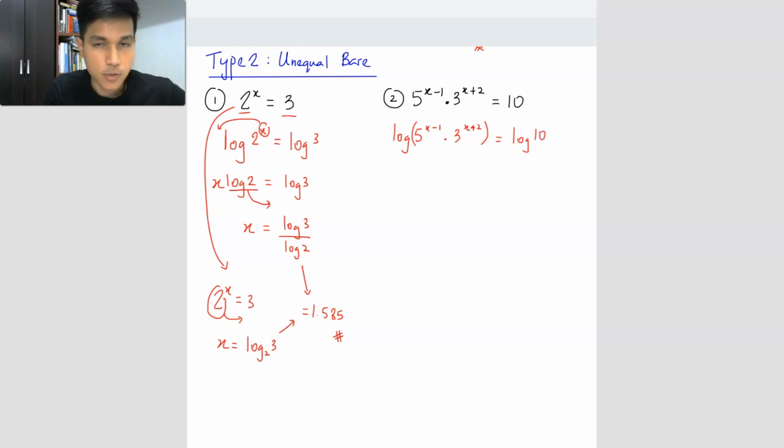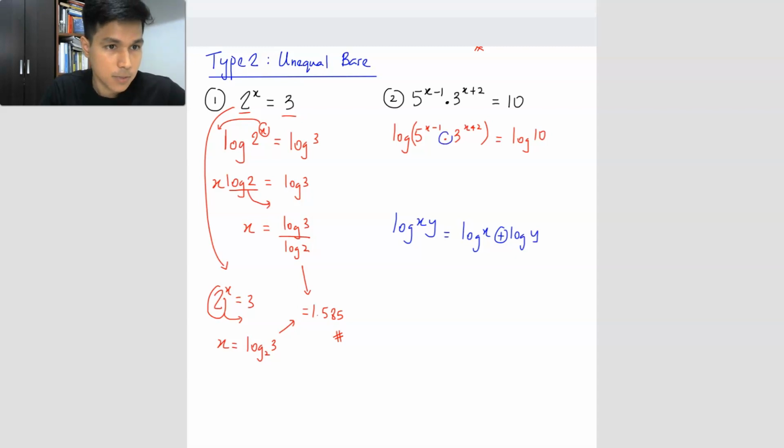So now what do we do? This is one of the properties of log. When you have log xy, when you see this is multiplying, you can break it apart to become plus. Then you add log for each of them, x and y. The same thing applies here.